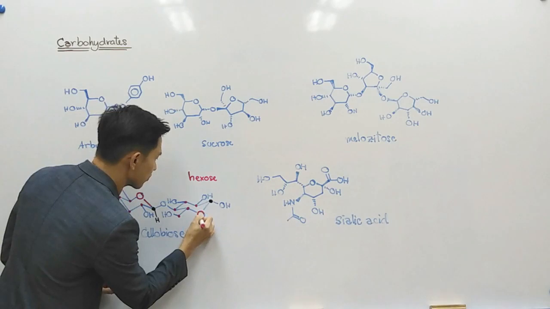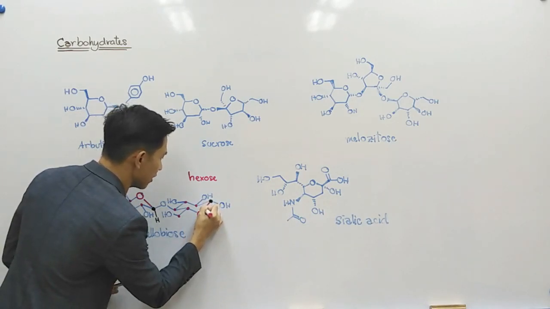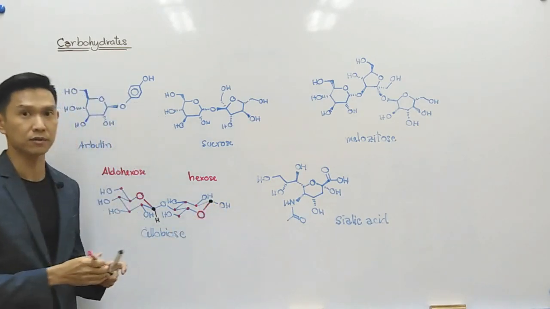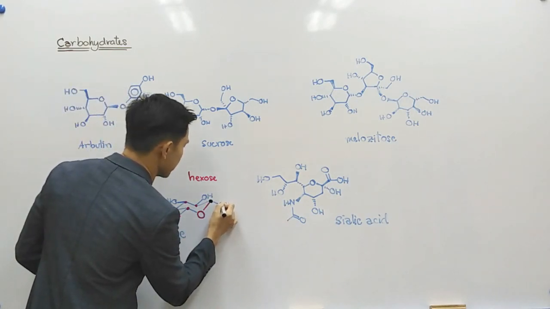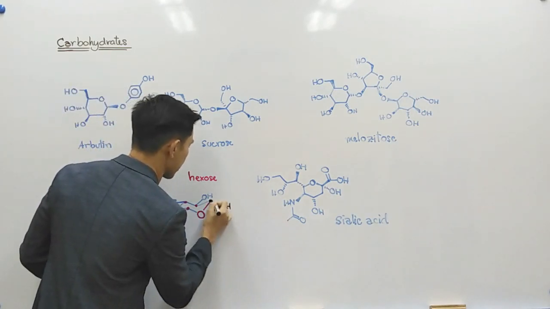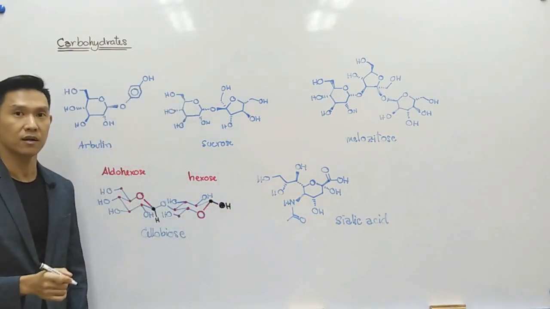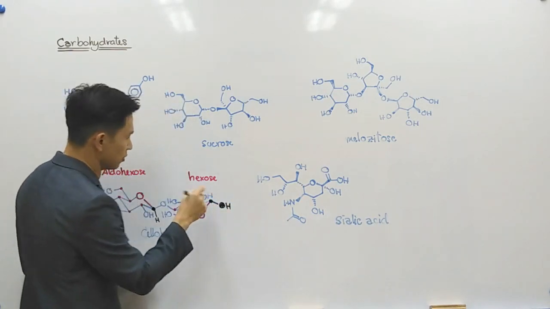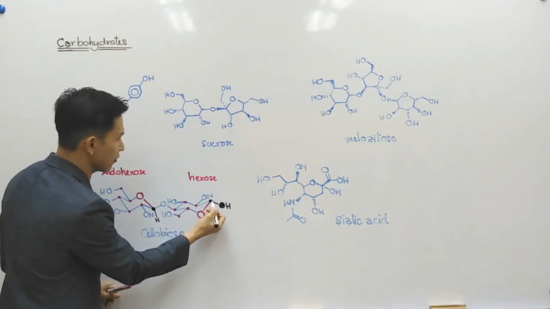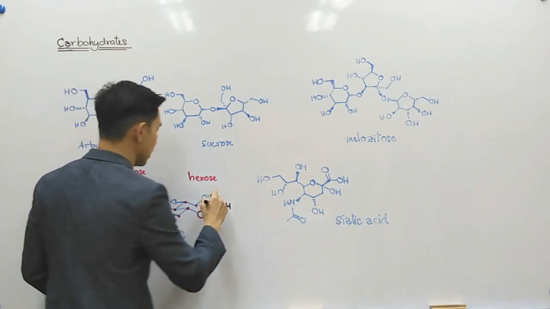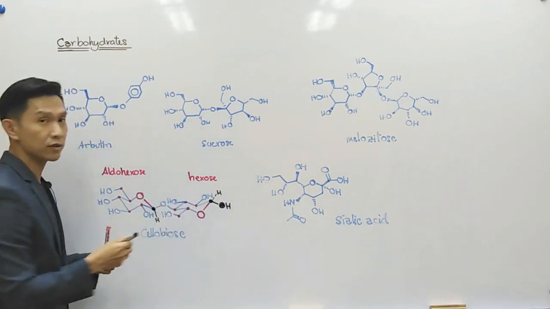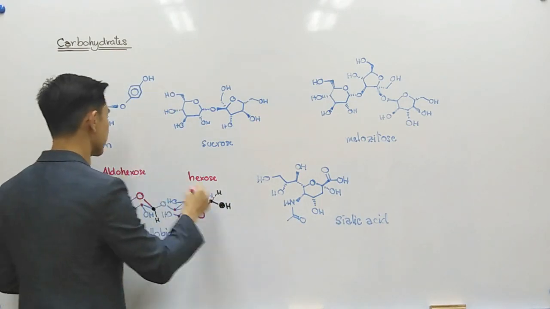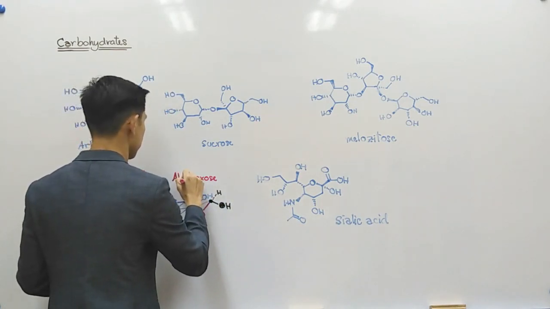So this is the hydroxy group condensed with the carbonyl. So this O was previously the carbonyl group, right? And if this is the carbonyl, you have only 1 carbon here, and another bond is a hydrogen atom. So this is aldose sugar again. So both of the subunits are aldohexose.